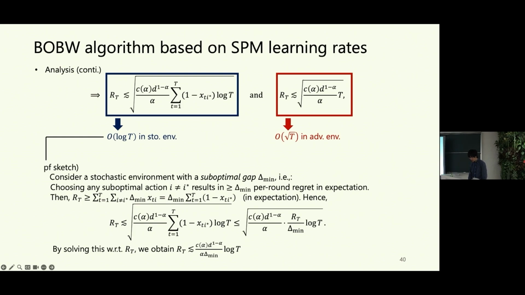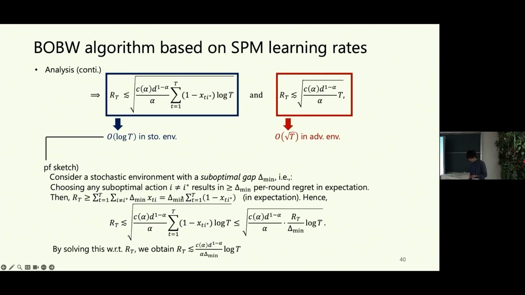In fact, in a stochastic environment with a suboptimality gap, I mean, if we consider an environment in which choosing a suboptimal action results in delta mean per round regret, then the regret is at least this. Here XTI is the probability of choosing action I in round T. So the regret is at least this one from the assumption.